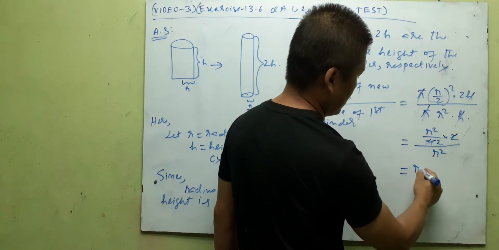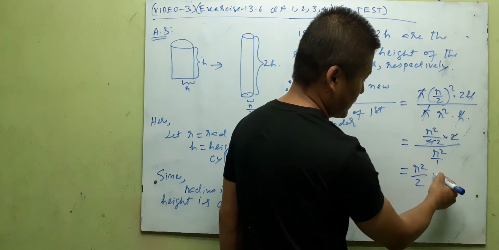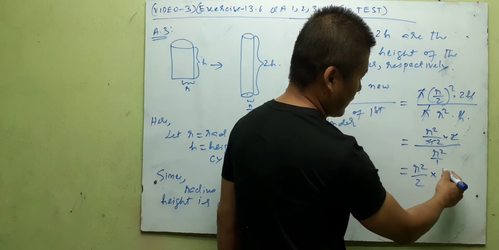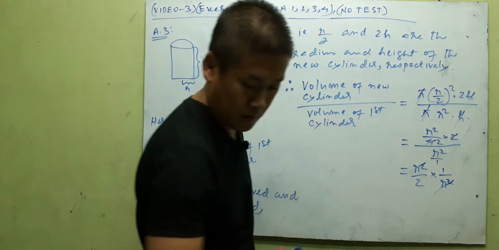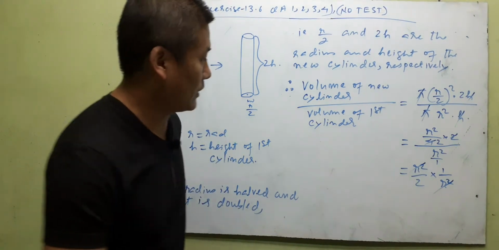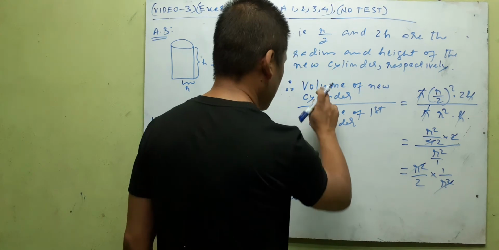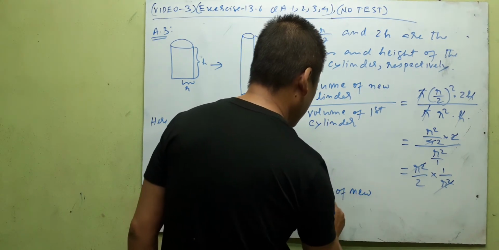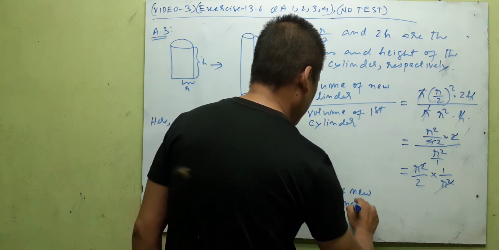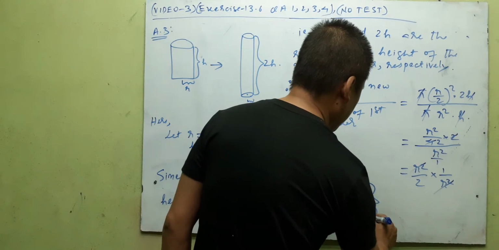So here now, r square by 2, then r square by 1 here. Long line means division, change to multiply, then 1 will go up, r square will come down. So this r square, r square cancel. In other words, that is the volume of the new cylinder, the numerator, don't shift.